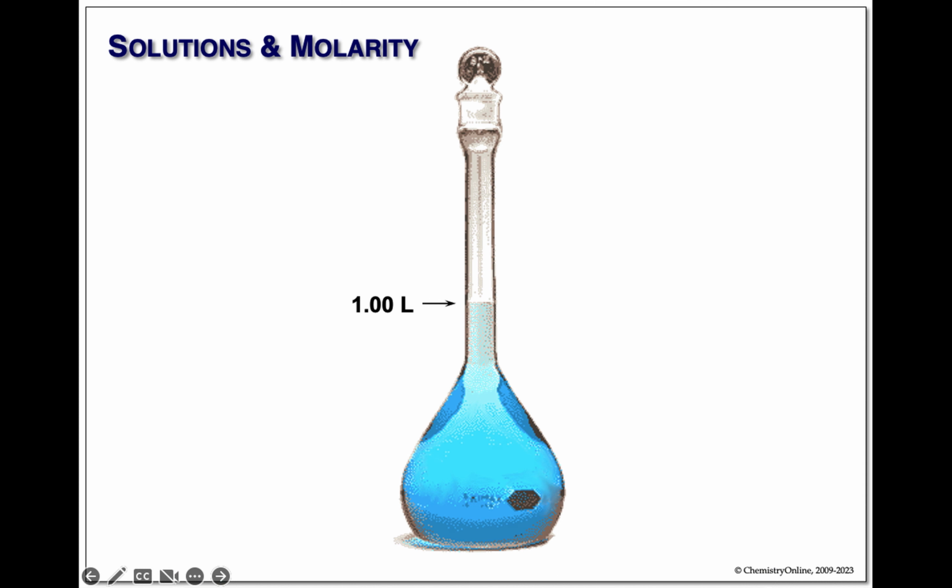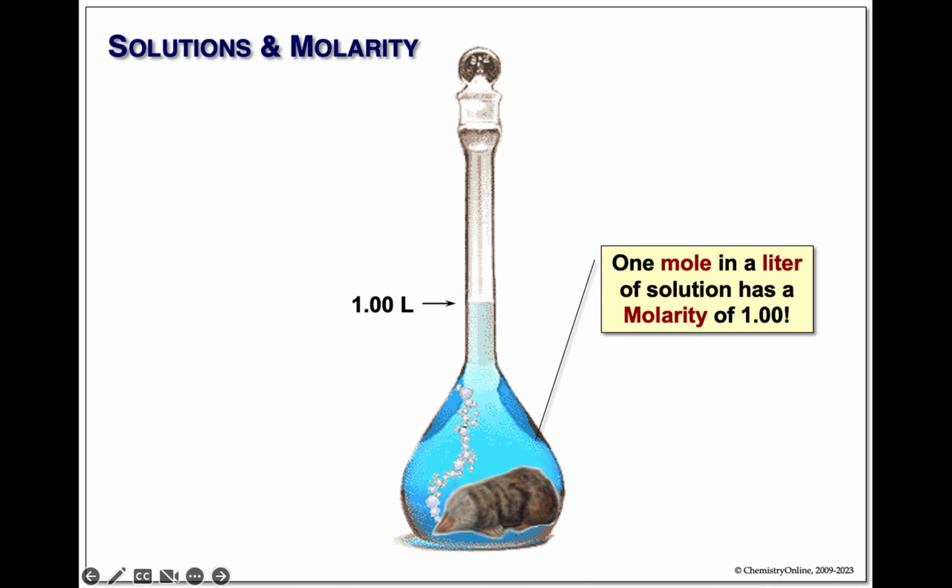You get these in all sorts of volumes. 1 liter like this. Now you've added your liquid here, right? You know what's in it. That means you know the number of moles you have here. In this case, we have 1 mole. 1 mole in 1 liter. Molarity of this is 1. Come on, that's cute.